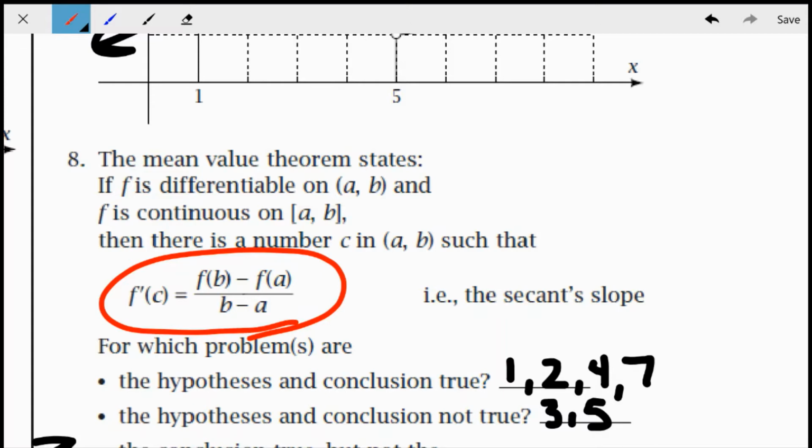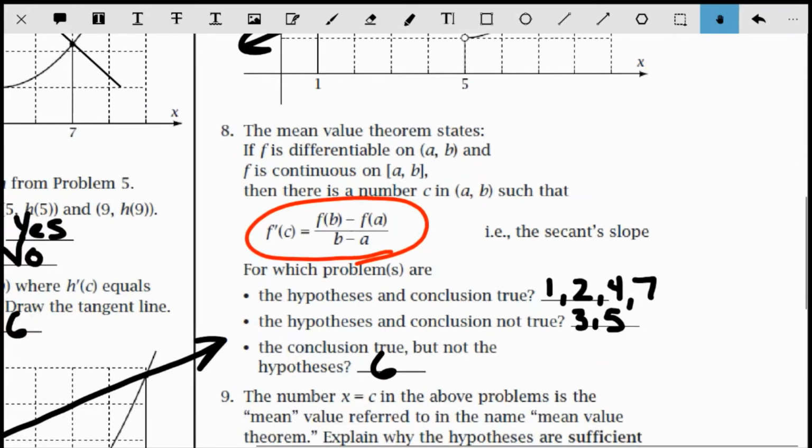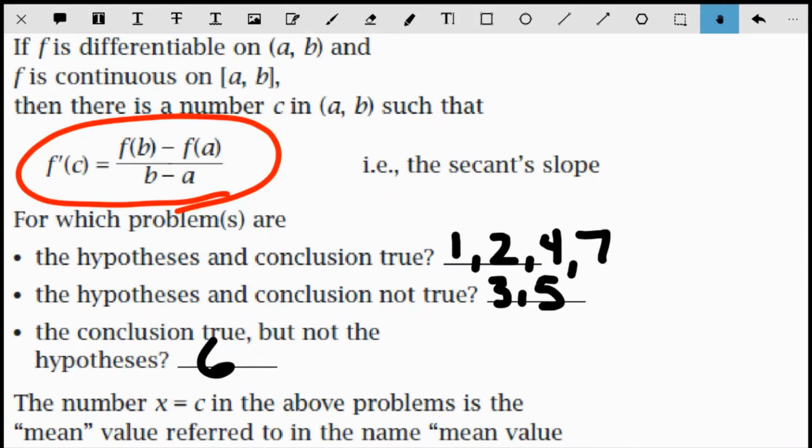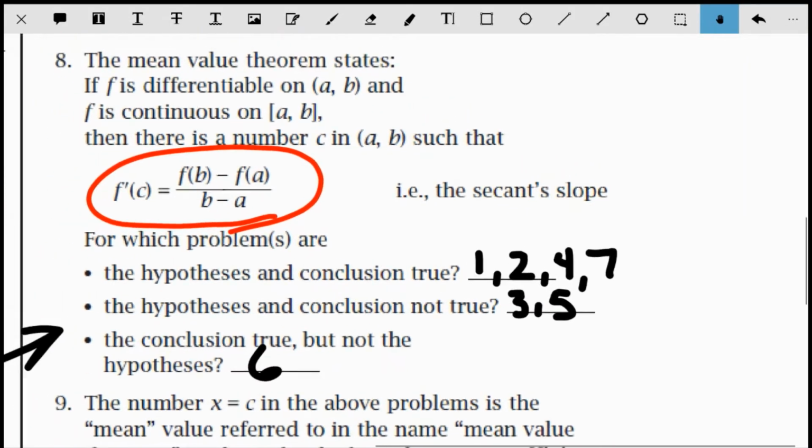That's essentially saying the average rate of change, which is f of b minus f of a over b minus a, is equal to the instantaneous rate of change, that's f prime of c, at some point c within the interval. And if you go back and look through those, you can see that in 4 of those examples, we did have the hypothesis of that theorem to be true, meaning the function was differentiable on the open interval and continuous on the closed interval.